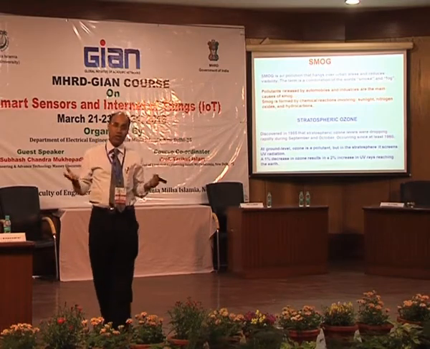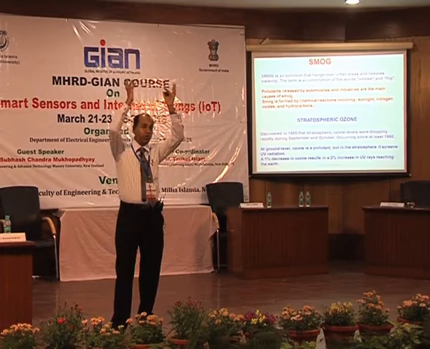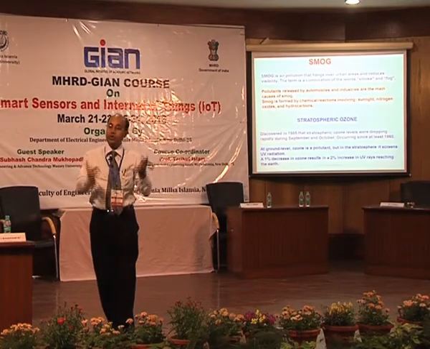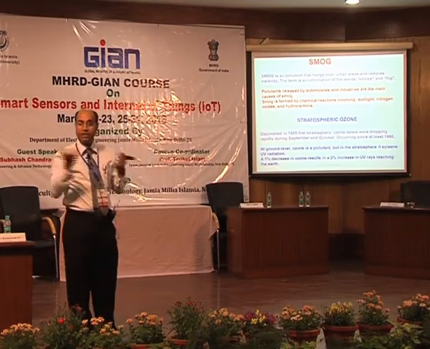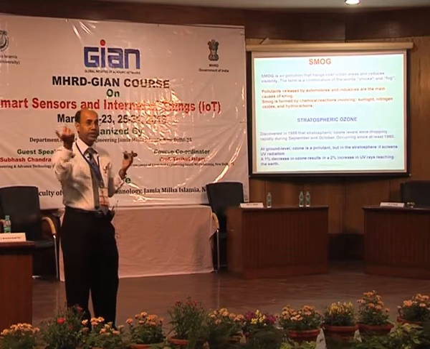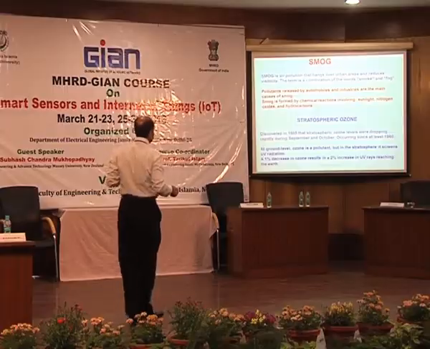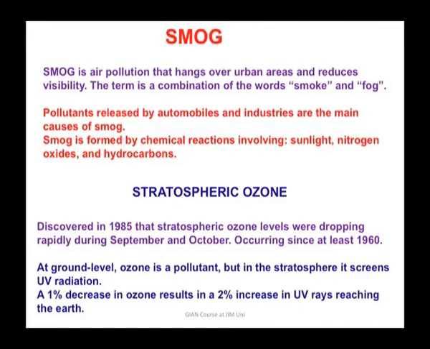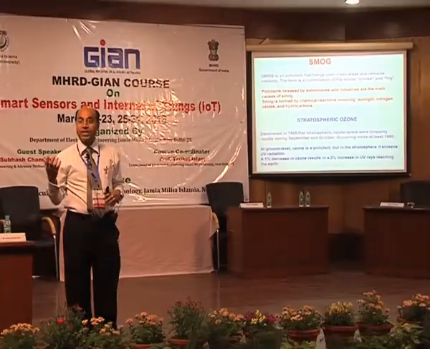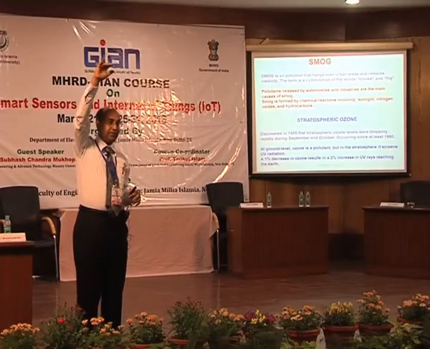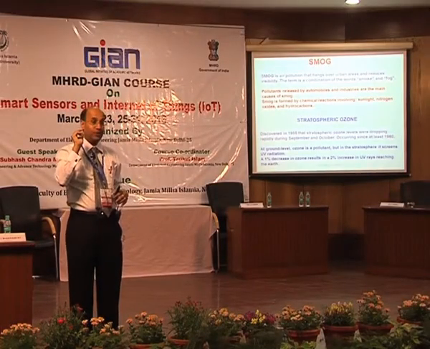Usually when the air becomes hot, it goes up, and while it goes up, it carries the particles. But if you do not allow it to go, then you have this problem. Another thing is the stratospheric ozone layer. Ozone is very important. When it comes to ground level, it can do harm, but if it is above the earth's surface, it's very, very useful.